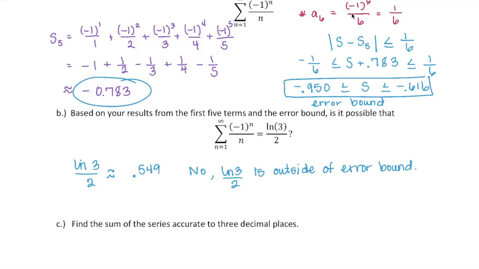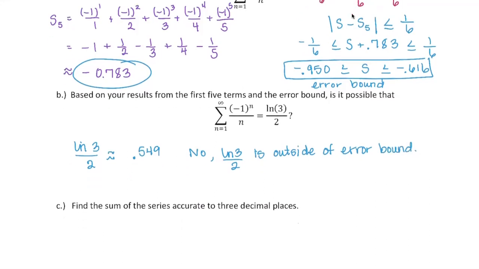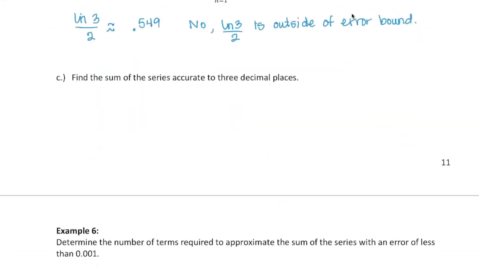Okay. C says, find the sum of the series accurate to 3 decimal places. Now, this means that we need an error less than 0.001, okay?